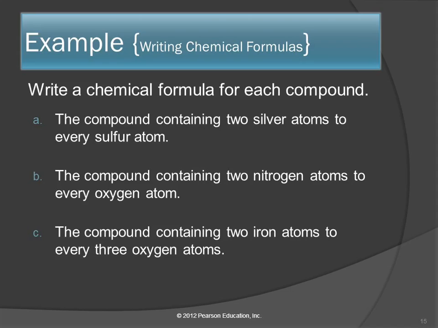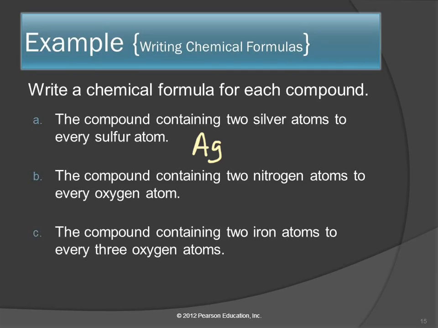Well, let's do this example. Write the chemical formula for each compound. So a compound containing 2 silver atoms to every sulfur atom. So we've got silver and we've got sulfur. Which should we list first in the formula? The silver, because silver is a metal. What's the symbol for silver? Ag.